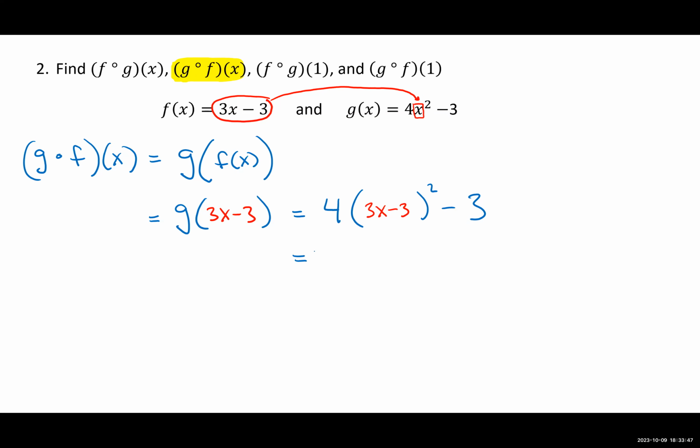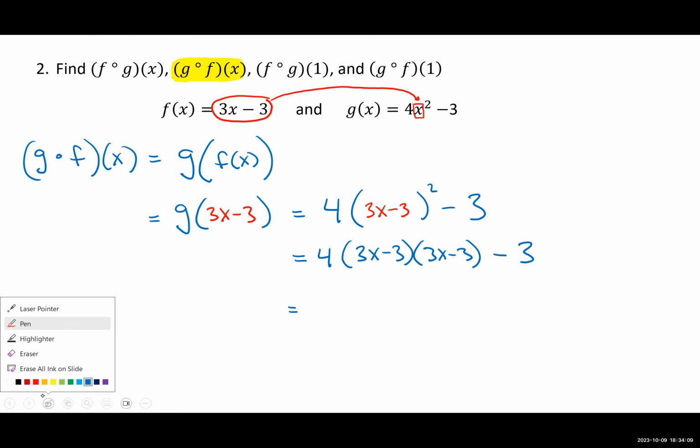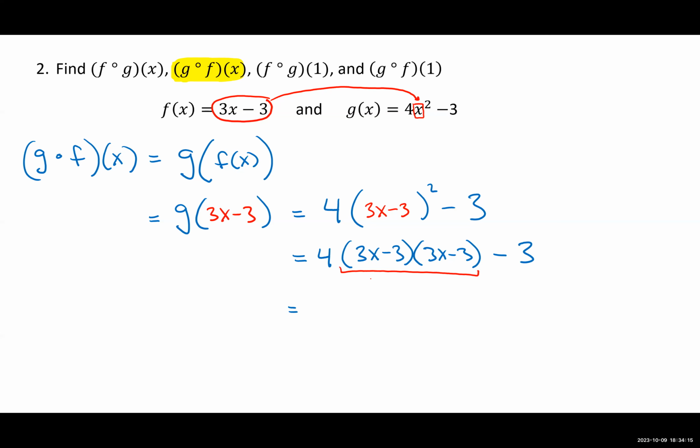So anything times itself, or anything squared, means that thing times itself. So (3x minus 3) times (3x minus 3). So we're done with the composition part. Now it's doing a little bit of algebra to simplify. For (3x minus 3) times (3x minus 3), we could use the FOIL method.